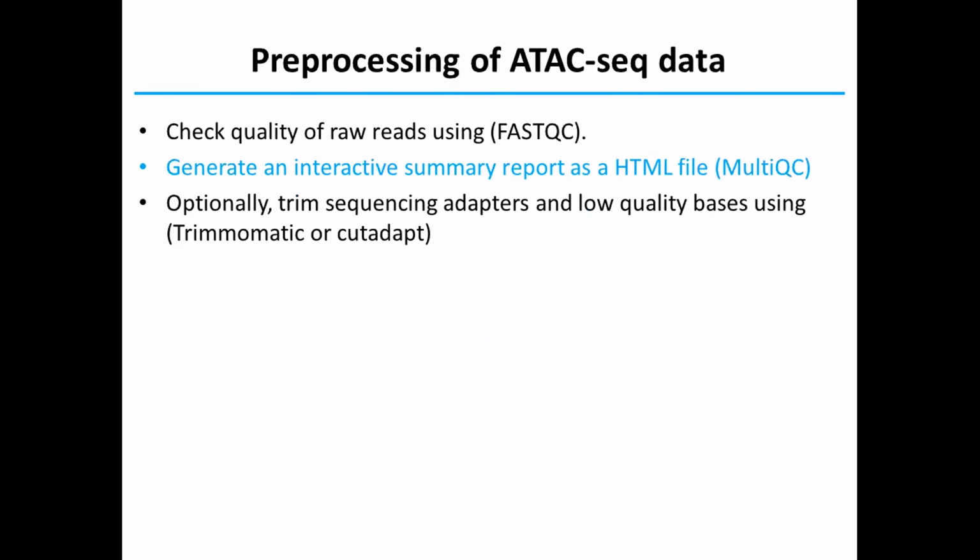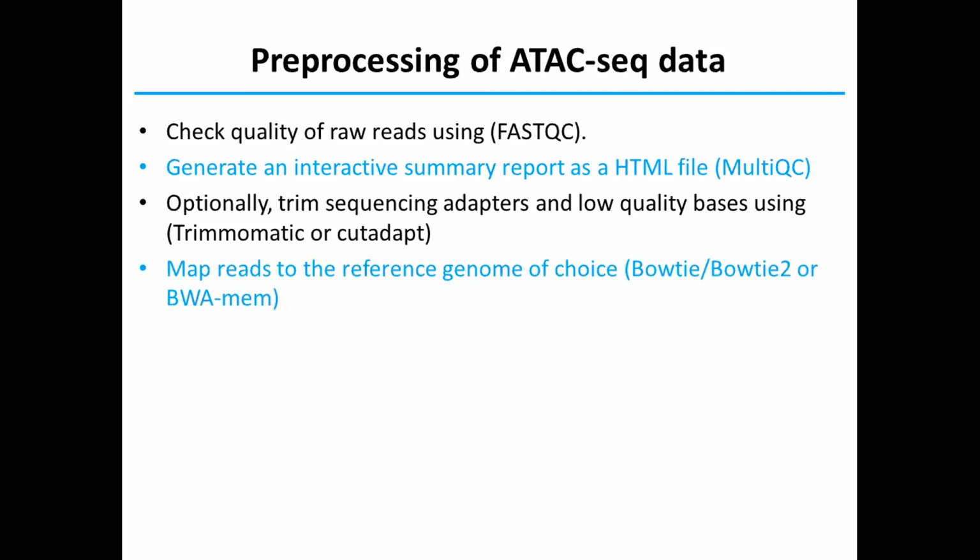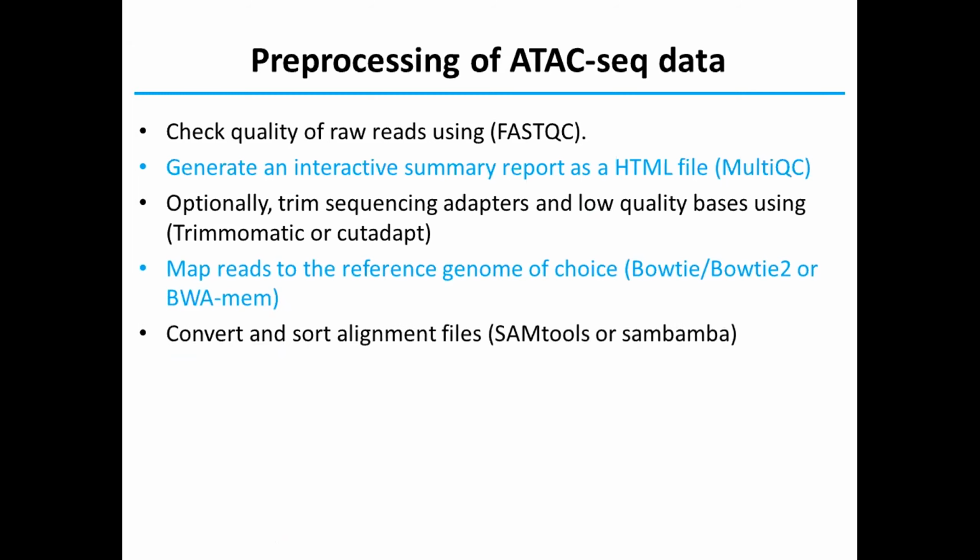If FastQC reveals many low quality bases or high content of sequencing adapters, we may use Trimmomatic or Cutadapt to remove the low quality bases and the sequencing adapters. Then map the reads to the reference genome using Bowtie 2 or BWA-MEM.